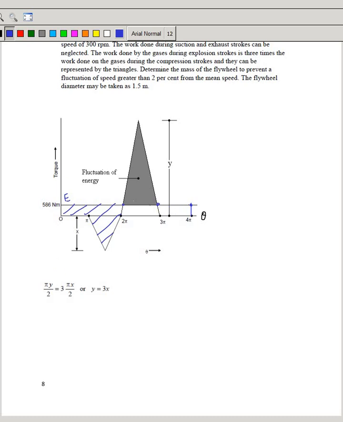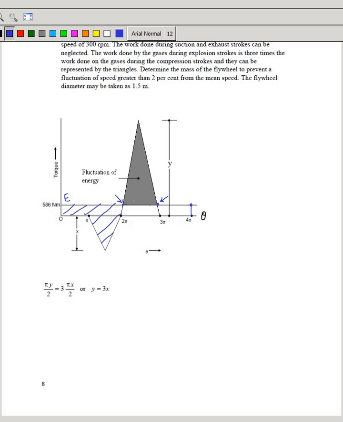What is the fluctuation of energy? This shaded portion is actually the fluctuation of energy, because this is the minimum energy and this is the maximum energy. After that again energy decreases because the torque goes below the mean torque line.